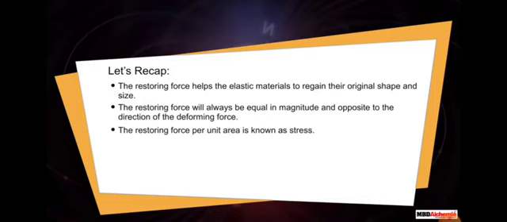The next point is the restoring force per unit area is known as stress. Stress has different definitions, so I will provide the notes; refer to those notes. Today we covered only the basics of stress and different types of stress. In the next class we'll discuss strain and different types of strain.